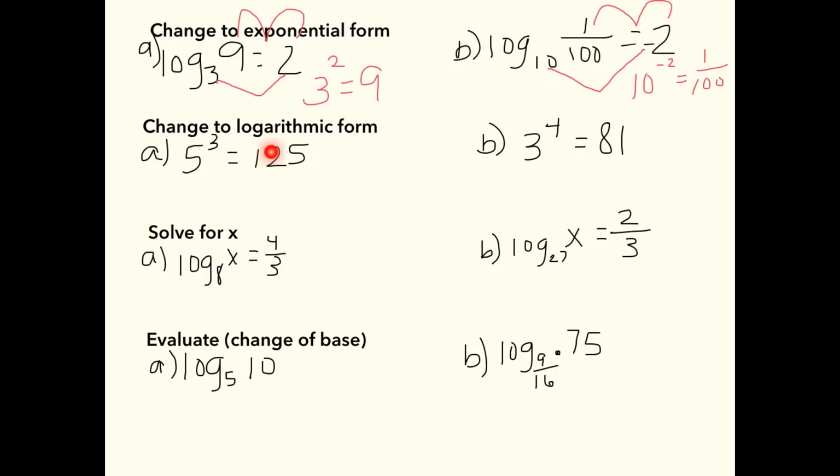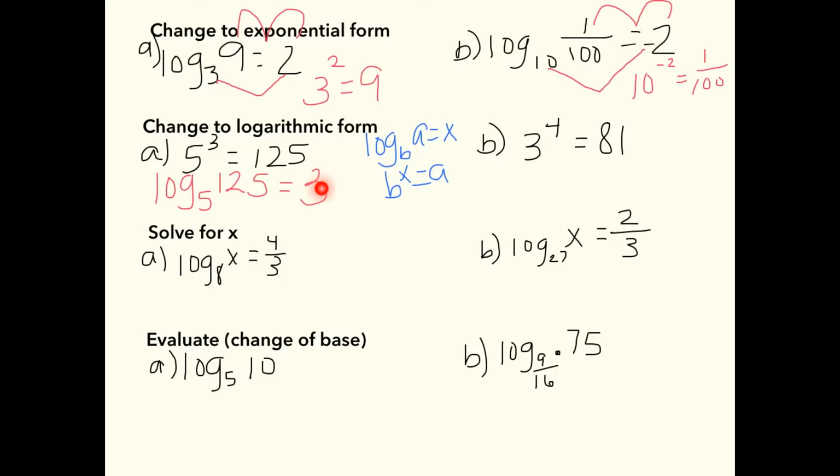So my log of my base with my argument equals my exponent. And I can write that here again, although you should see it on your paper. So see, it was b to the x equals a, and then it becomes log b of a equals x.